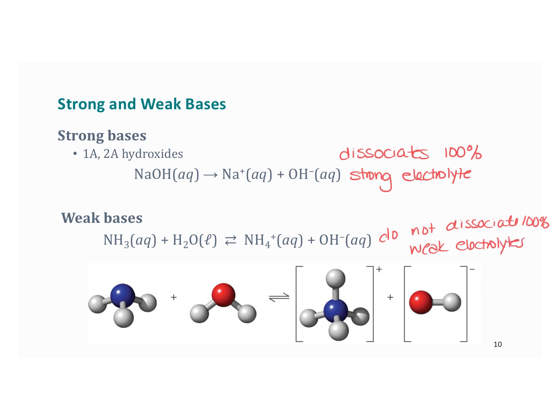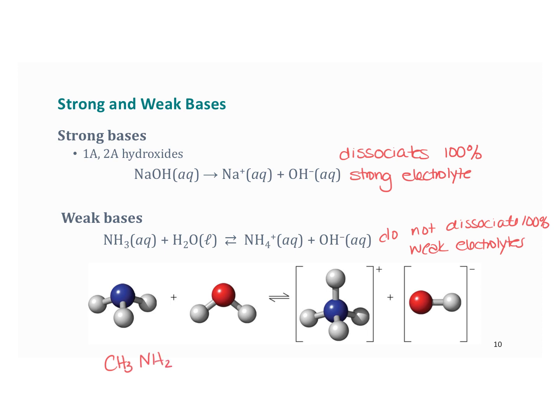Now, when we look at weak bases, if you have anything with a nitrogen in it, it can be a weak base. For example, if we have CH3NH2, that's going to be a weak base.